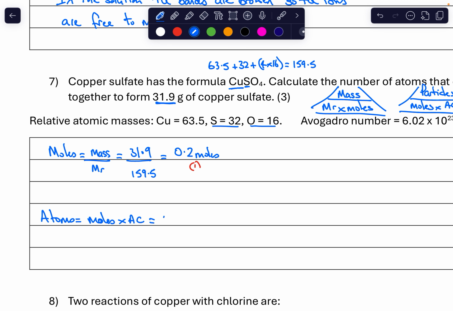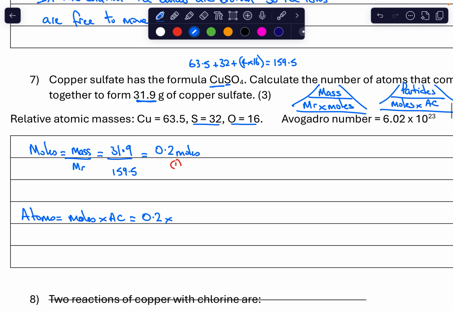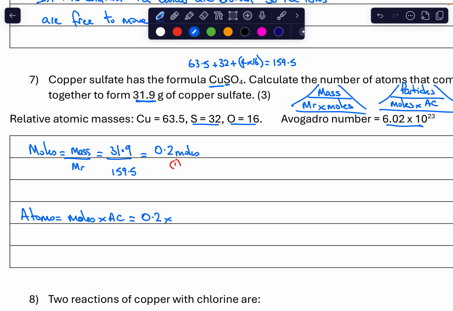So the moles we've just worked out 0.2. Avogadro's constant, we're told here, is 6.02 times 10 to the power of 23. So let's times that and do that calculation.